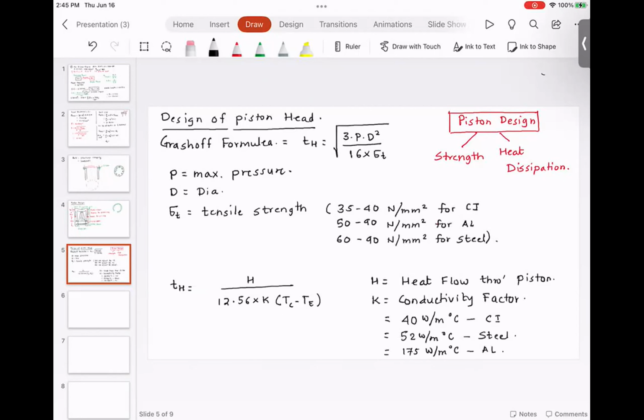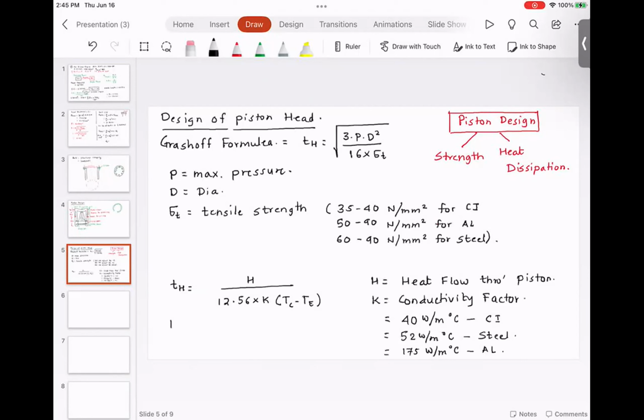Now, the thing here is, if you have this heat that is generated in combustion, you really don't want 100% of the heat to flow through the piston thickness. So we assume certain percentage of heat that flows through the piston and certain percentage of heat gets dissipated from the piston skirt.